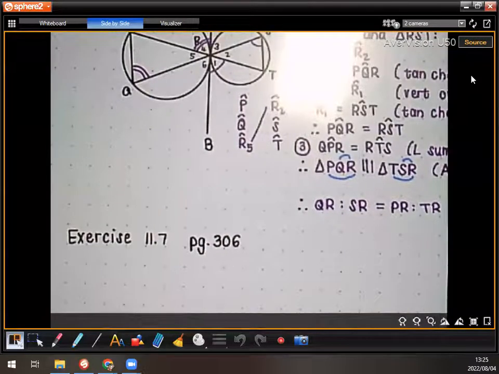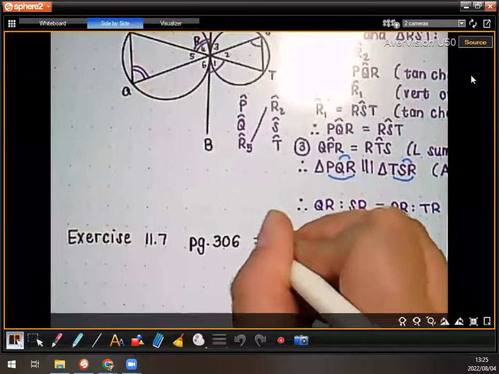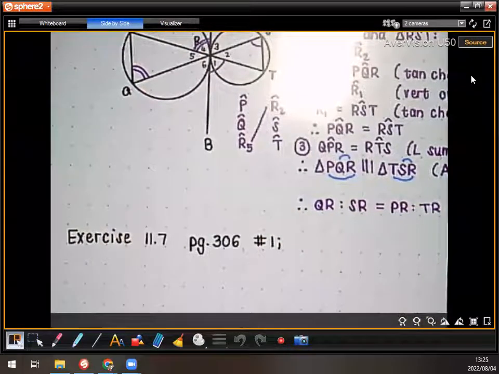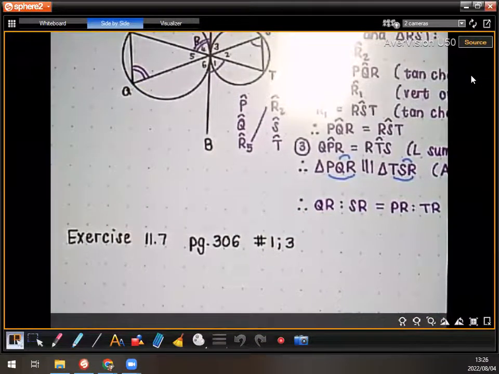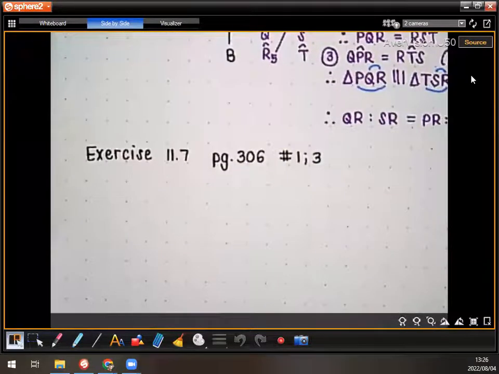Okay, exercise 11.7, page 306. Okay, those two guys. 1 and 3.